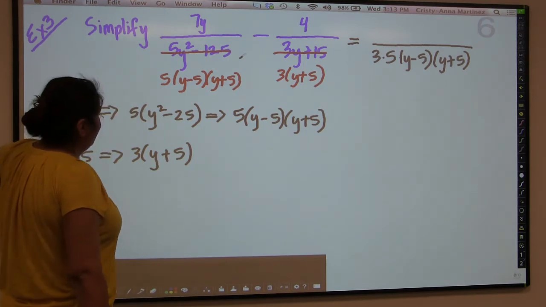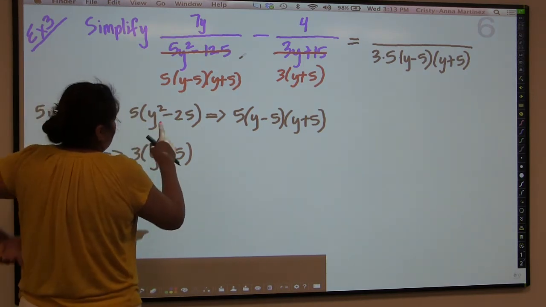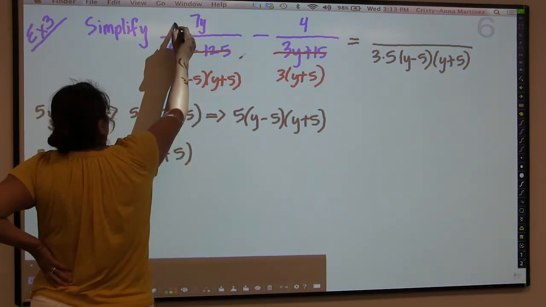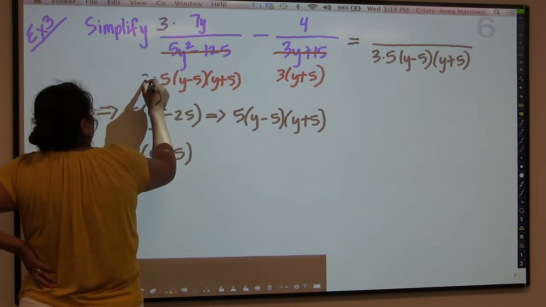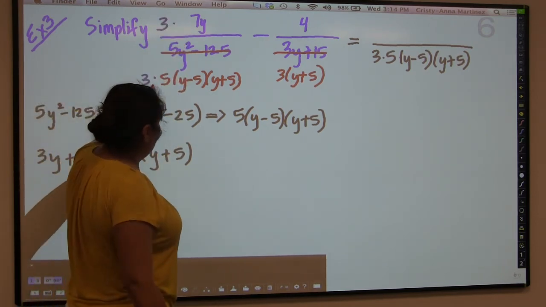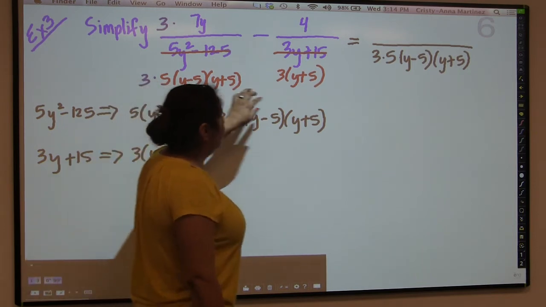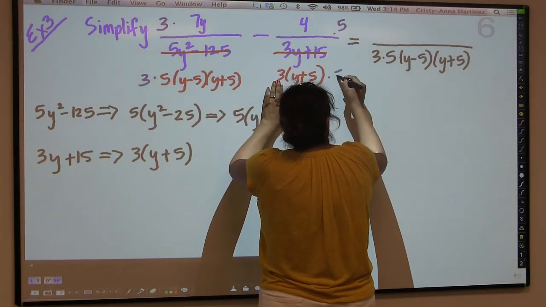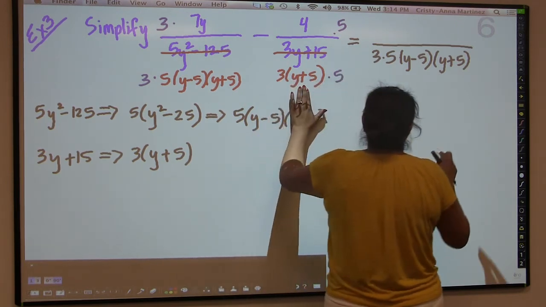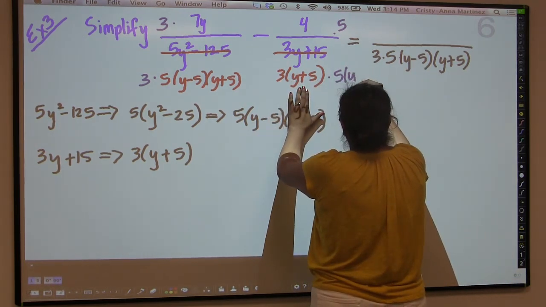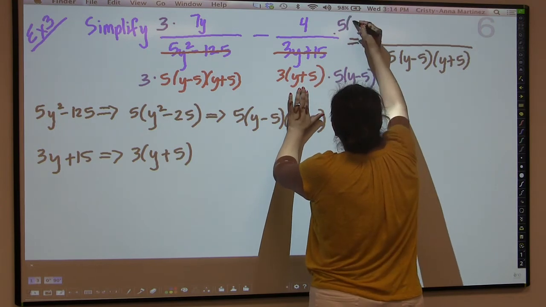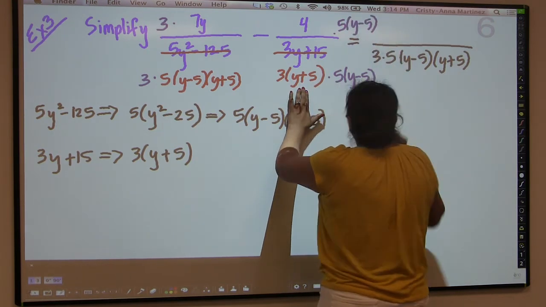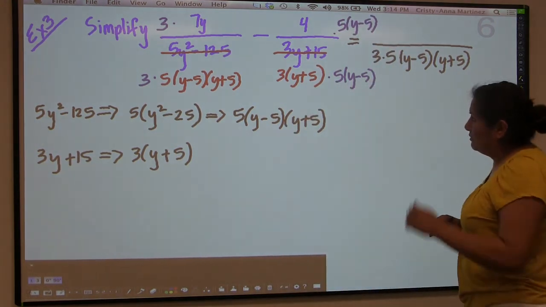So in the case of the first fraction, it's missing a 3. So times 3 times 3. And now it has everything it needs. This guy already has a 3. It's missing a 5. It already has a y plus 5, so it's missing the y minus 5. And there you go. So now the common denominator is all the same.